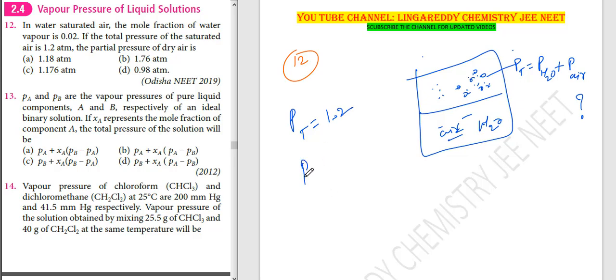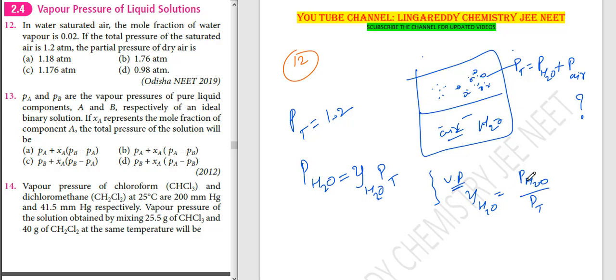P water is not given directly, but P water equals Y water into P total. Just before, I discussed mole fraction in case of the vapor phase. In the vapor phase, mole fraction YH2O equals PH2O by P total.